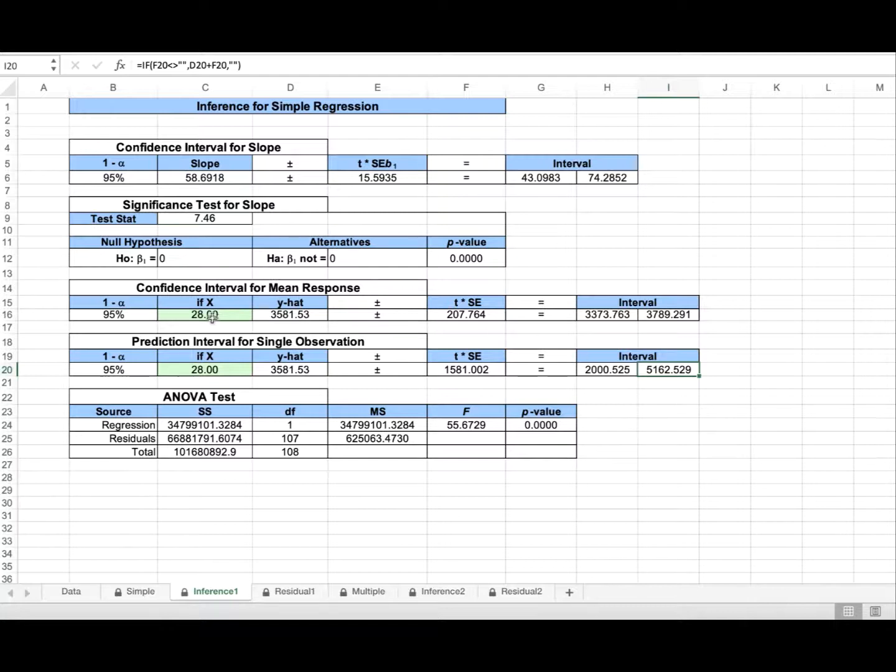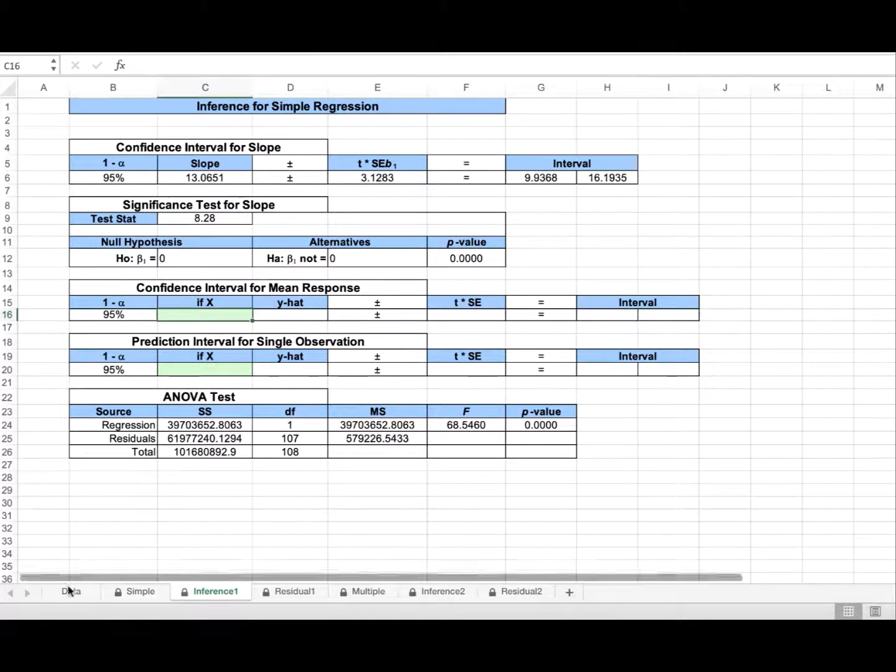On the other hand, our confidence interval makes a forecast of average spending for all 28-year-olds. And we would say that we're 95% confident that average spending for 28-year-old cardholders is in the much narrower range, $33.73 and 76 cents, up to $37.89 and 29 cents.